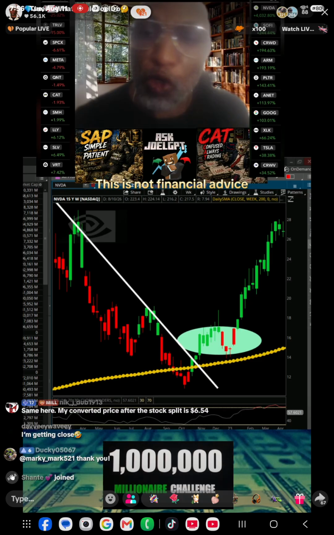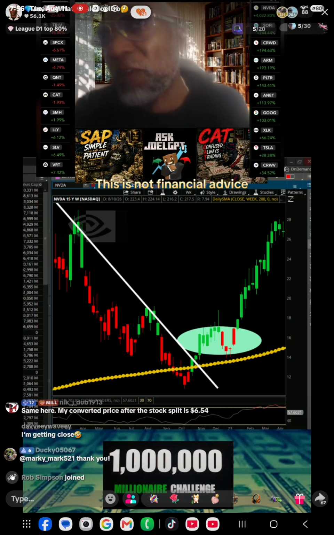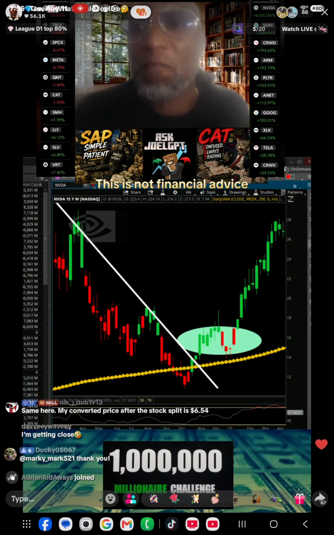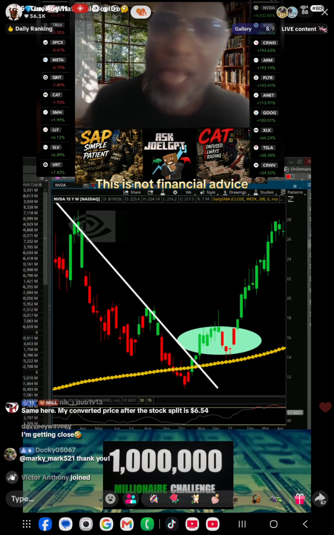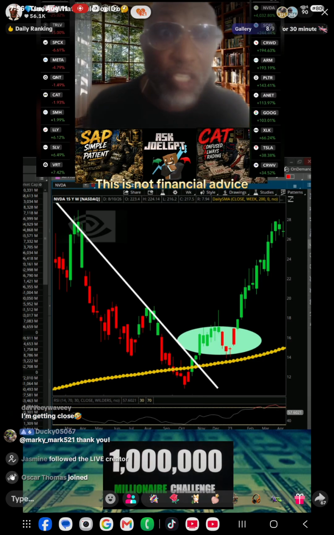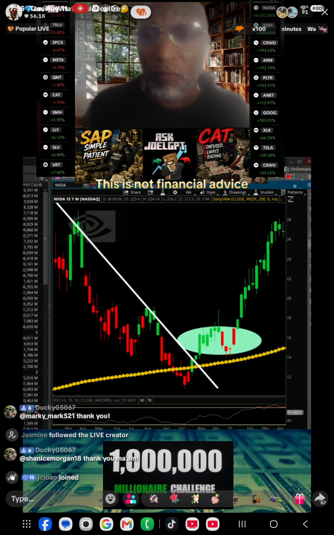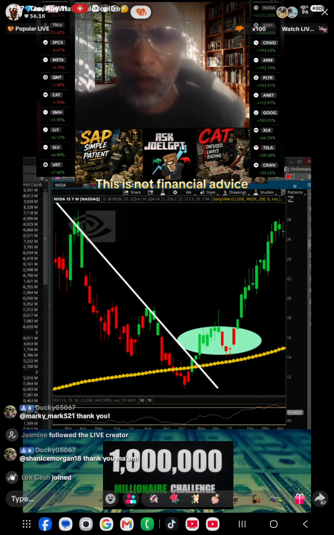That's it. Do you buy it when it hits the yellow brick road? I will say this. If the volatility index is above 50 and it's hitting the yellow brick road, it don't matter what stock you buying. If it's in the top 20, top 50, chances are it's going higher, if the yellow brick road is angled up. All right.